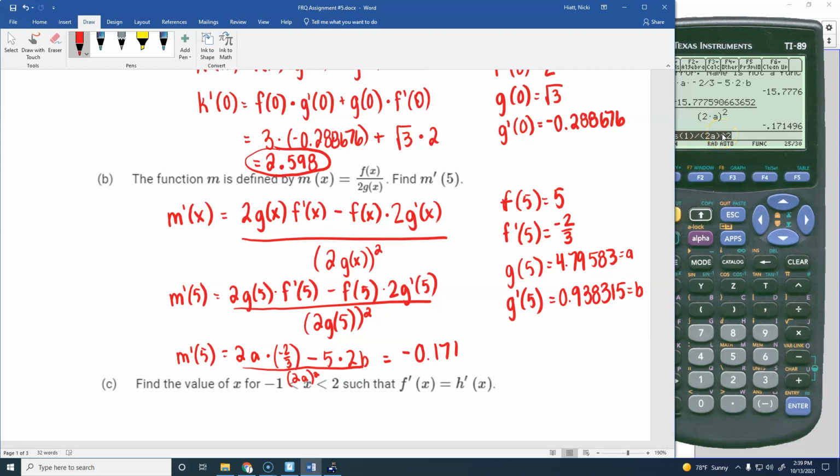Make sure the 2 and A is in parentheses. If it did not store one of your variables, then you will not get it right.